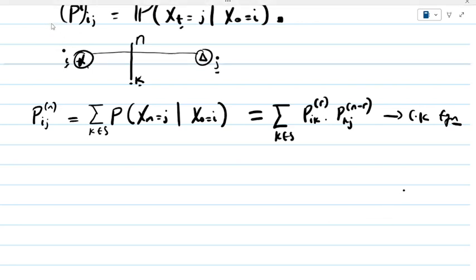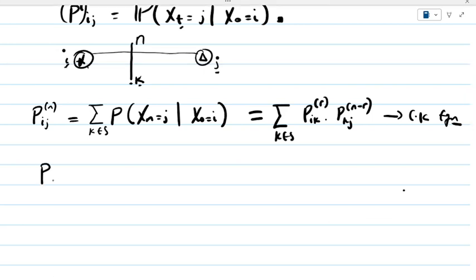Following our previous way of proving over step 2, over step 3 and over n steps, you can watch our previous video to see how we actually check that.